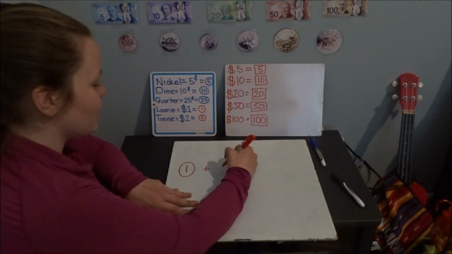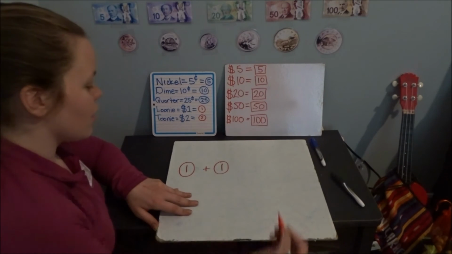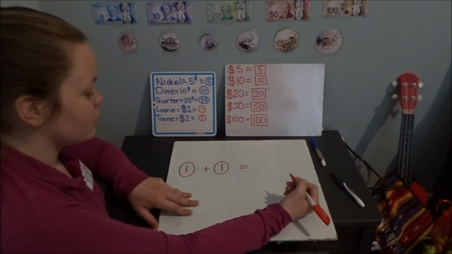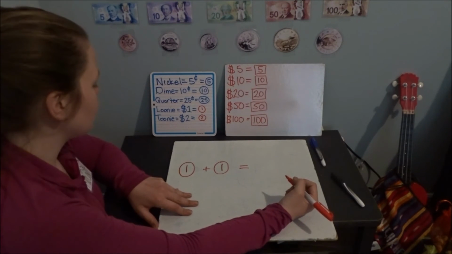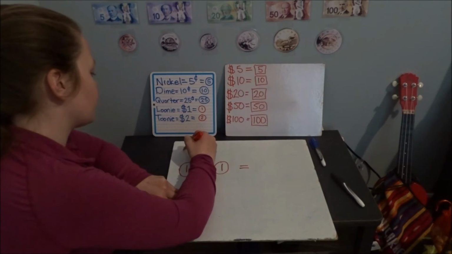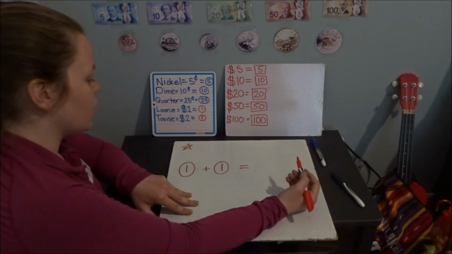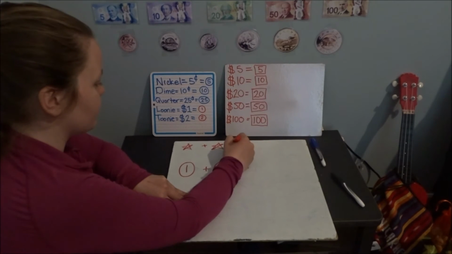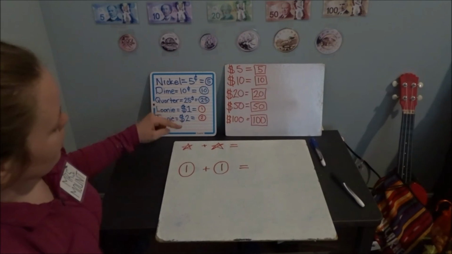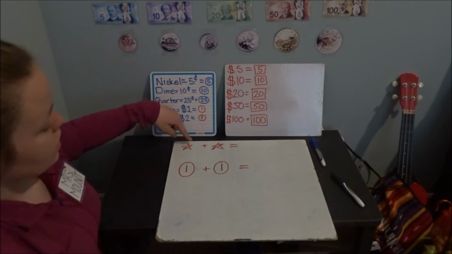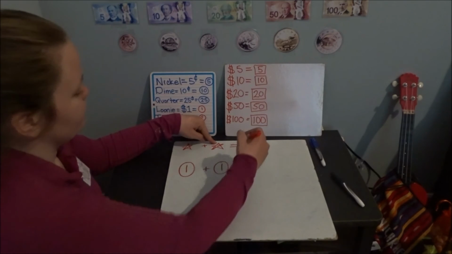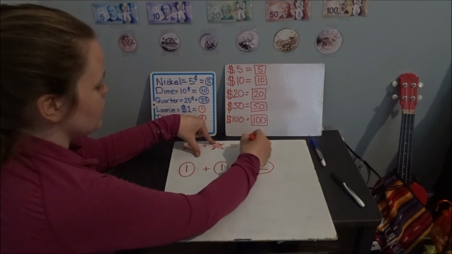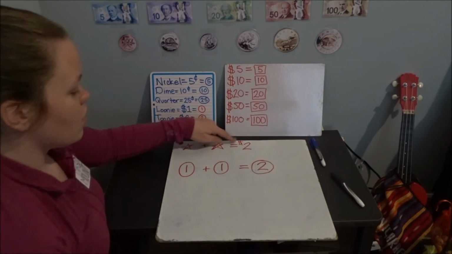And if we add another dollar to it, what does that equal? We could draw a picture. Let's draw a star this time. So 1 star plus 1 star is equal to, well, 1, and because we're adding, we can just continue counting, 2. So this is equal to $2.